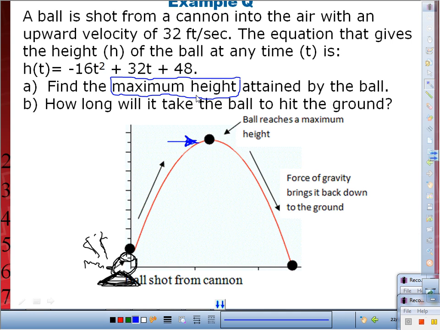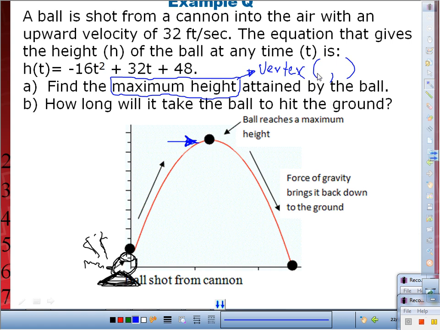Talk it over with your neighbor. That is correct. Label this one vertex. And it's going to be a coordinate.